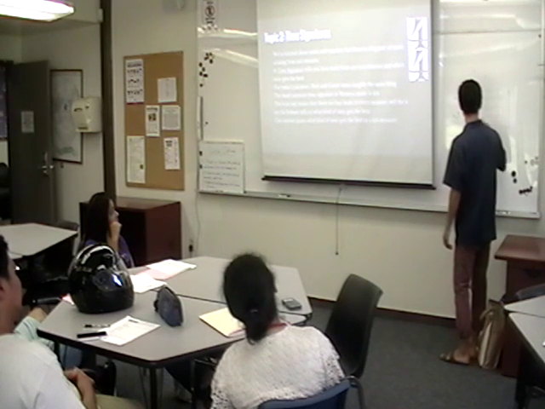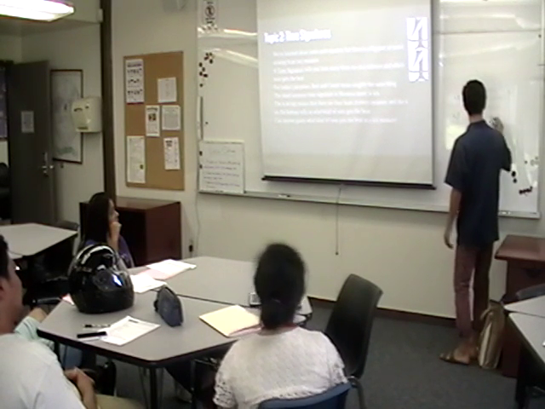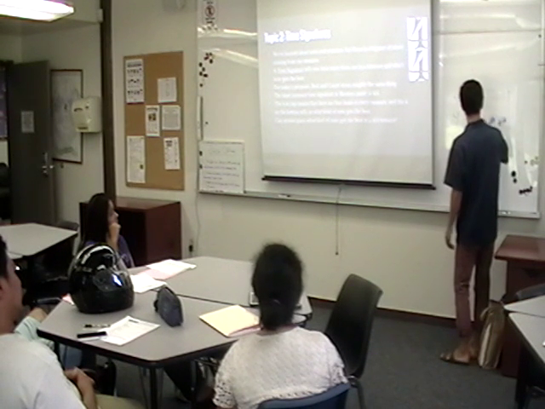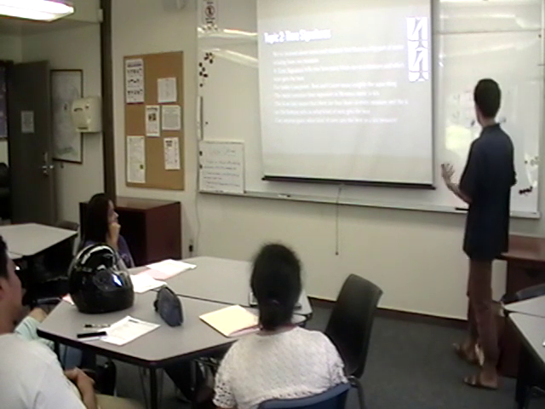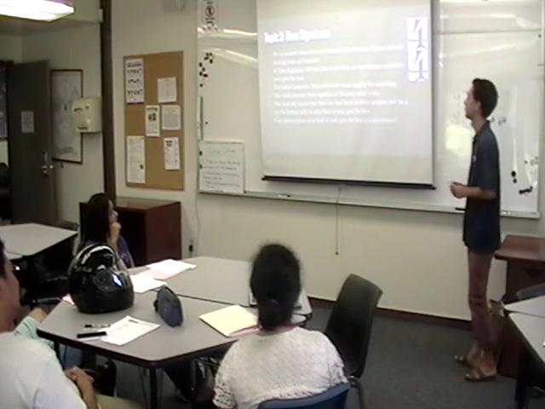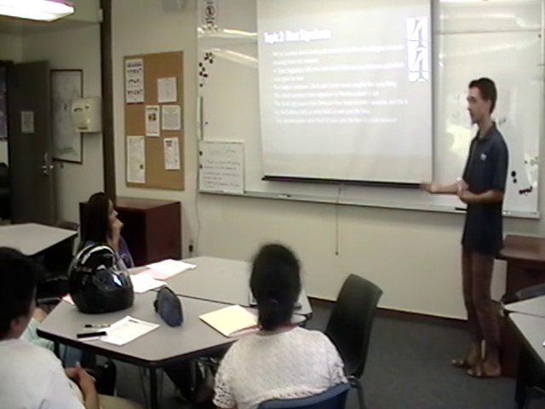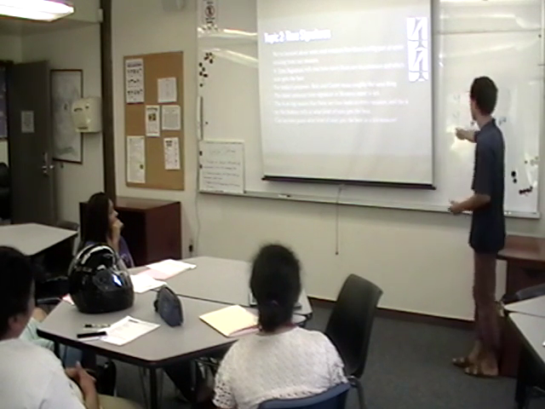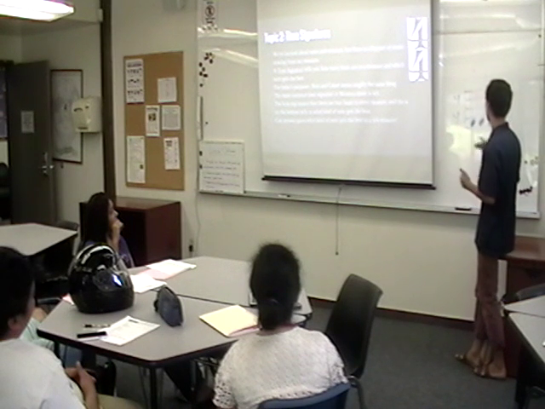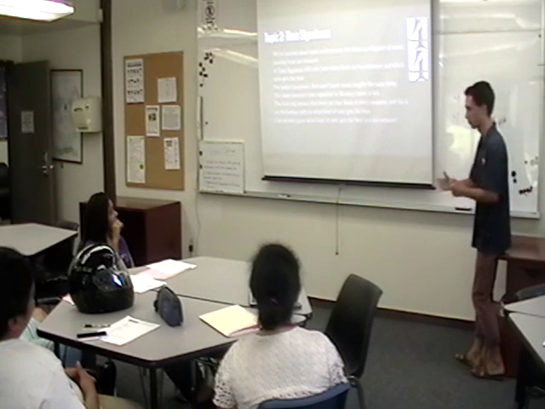So 4/4, as we know, the top shows that there are 4 beats in every measure, and the 4 on the bottom tells us that a quarter note gets the beat.